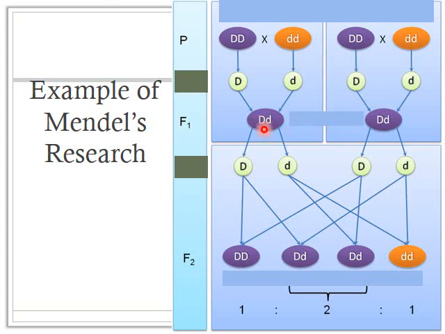And then I guess instead of showing that this one is mating with itself, we have this one mating with this one, and you split up the alleles, and the F2 generation is this whole 1 to 2 to 1 when looking at the genotypes. 1 big D big D, 2 of them are big D little d, and 1 of them is little d little d. And then the colors is this 3 to 1. So 3 of them are the purple phenotype, and 1 of them is the white phenotype, even though it's colored orange here.